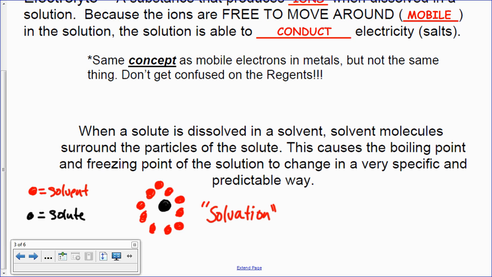And this is at the atomic level, mind you. You can't see this happening, so we have to infer it happening. So we call that solvation. But the act of solvation causes the solvent to change its properties. So solvent changes boiling point and freezing point, BP and FP.